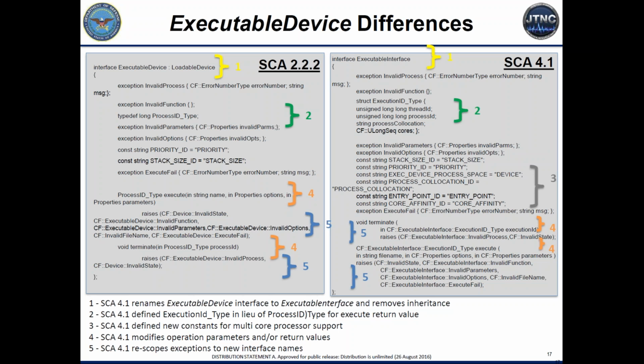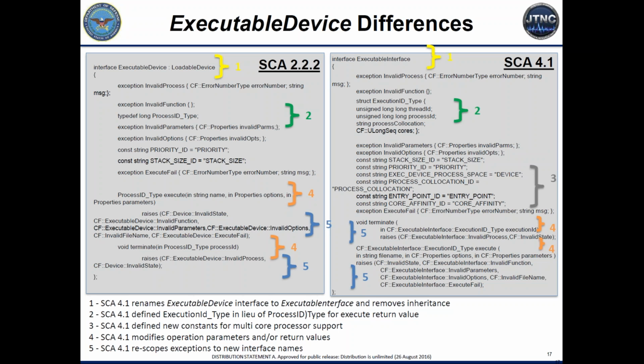One thing that I will call out that is different and will need to be accounted for is that the process ID type, so the one that is identified by step 2, process ID is no longer just a simple long.